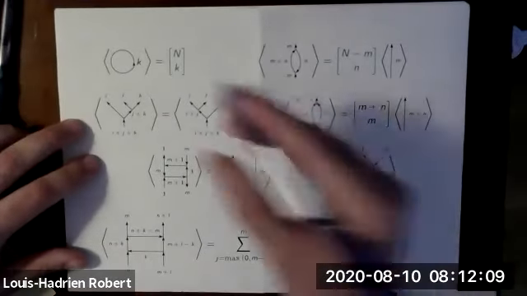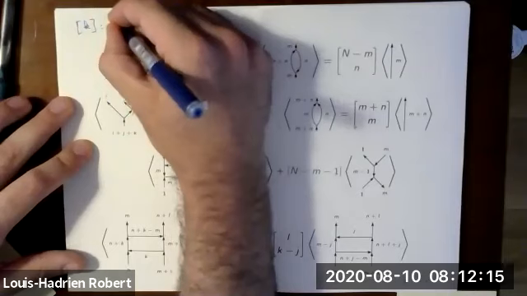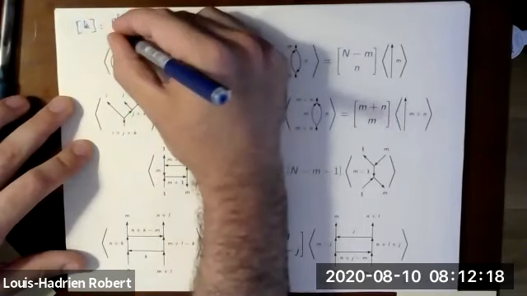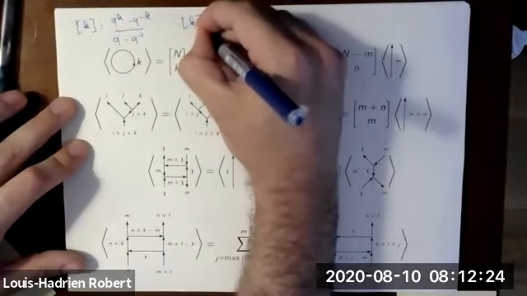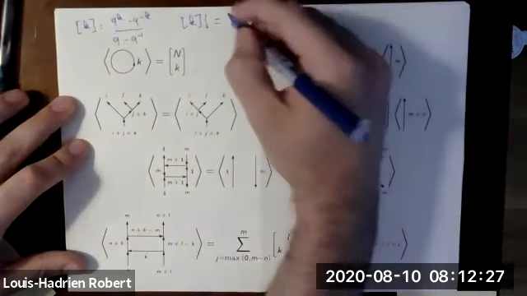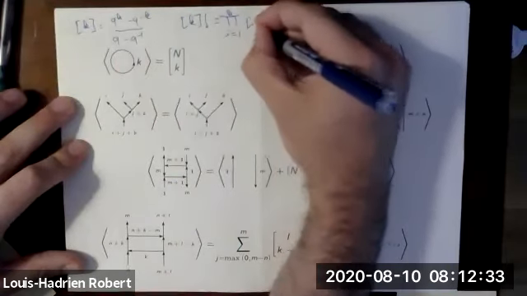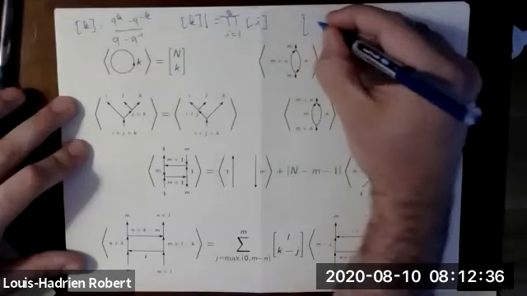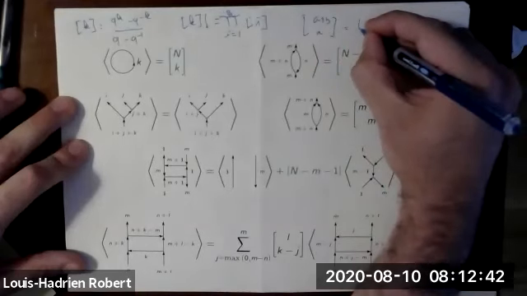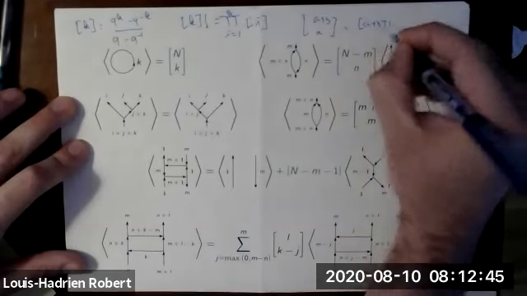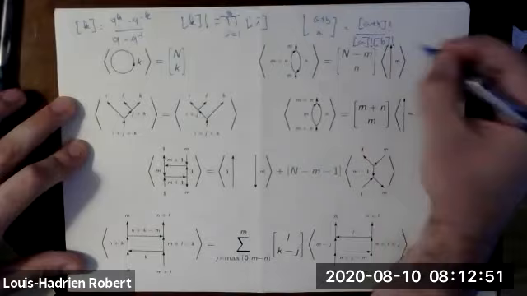And maybe I should say here that when you see [k], this means q^k minus q^(-k) divided by q minus q inverse, and the quantum factorial is as usual the product of [i], and the binomial satisfies the usual thing. So nothing really surprising here.